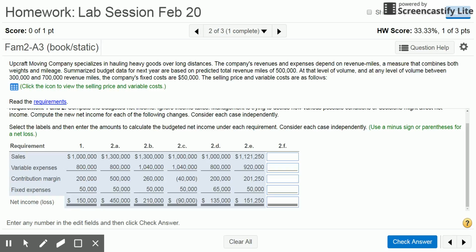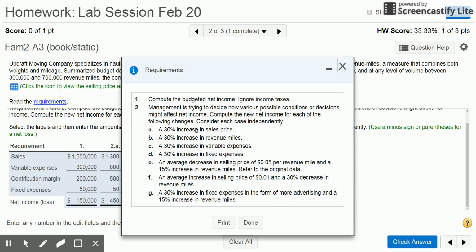So in the last video we did part E, and now we continue with part F. Part F says an average increase in selling price of 1 cent and a decrease of 30% in our revenue miles.